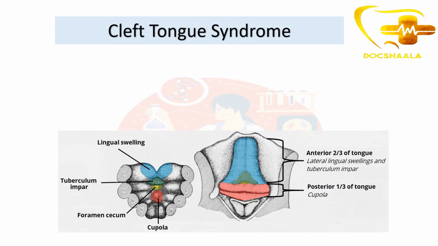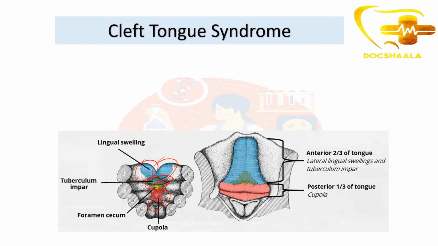Then, how is it formed? From this image, you can see the embryology of the tongue. This is the lingual swellings, and this is the tuberculum impar, foramen cecum, and copula.